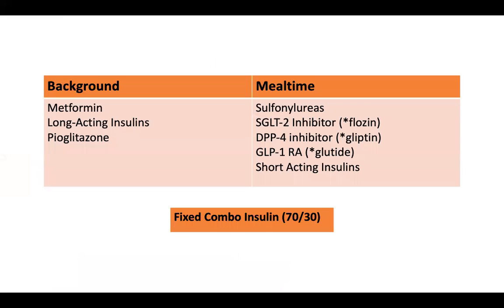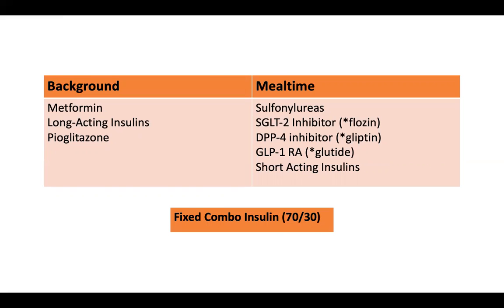It is important to understand the difference between background and mealtime medications. Some of our medications, such as metformin, long-acting insulins, and pioglitazone, work in the background in controlling blood sugars, and therefore have a lower potential of causing hypoglycemia.